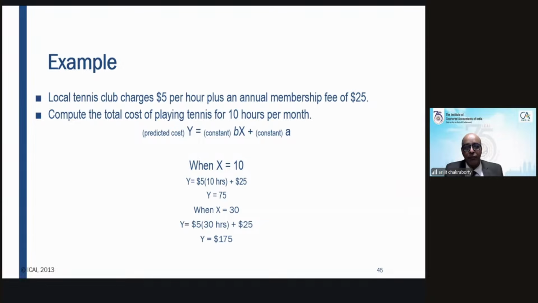So we get 5 into 10 plus 25, that is 75. Similarly, when x is 30, these types of questions can come in the exam, just for your information. We get 30 into 5 plus 25, that is 175. Okay, so this is the simplest example of regression.